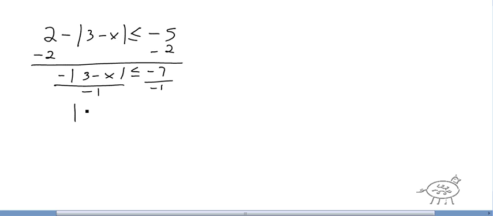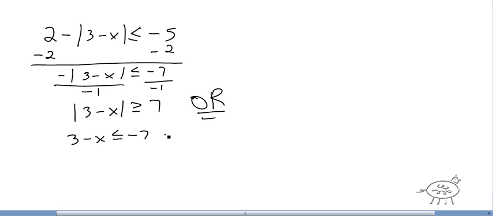So absolute value of 3 minus x is now greater or equal to positive 7. So it's greater than or equal to, so we're going to set up 3 minus x, so this is an or problem. We already know that. 3 minus x is less than or equal to negative 7, or 3 minus x is greater than or equal to positive 7.